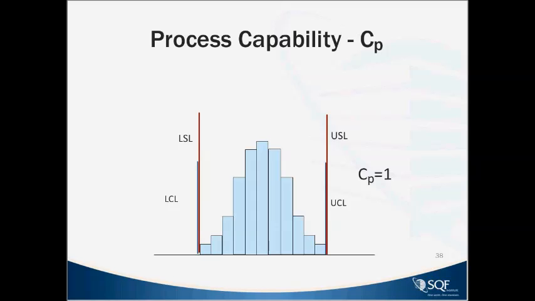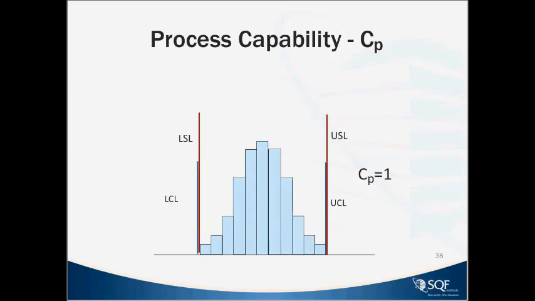So this is called process capability. In the code, we talk about process capability as a tool for measuring your ability to make specification. Sometimes customers are asking you for evidence of that in their requirements, and if they're not, as I indicated earlier, it would be a really good tool to use. There are 2 different ways of measuring process capability.